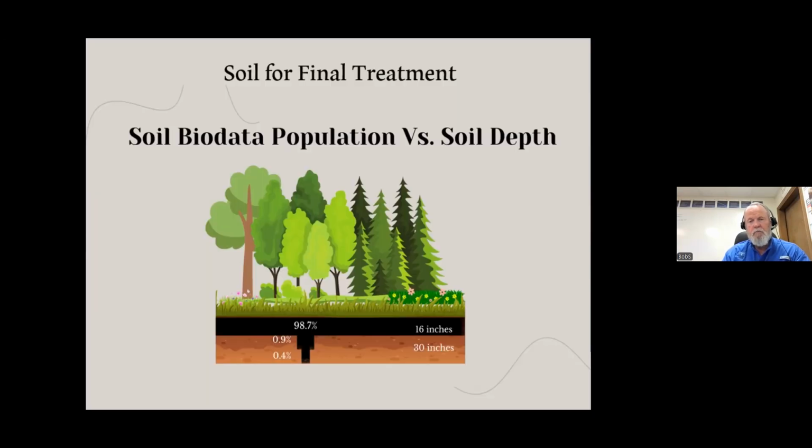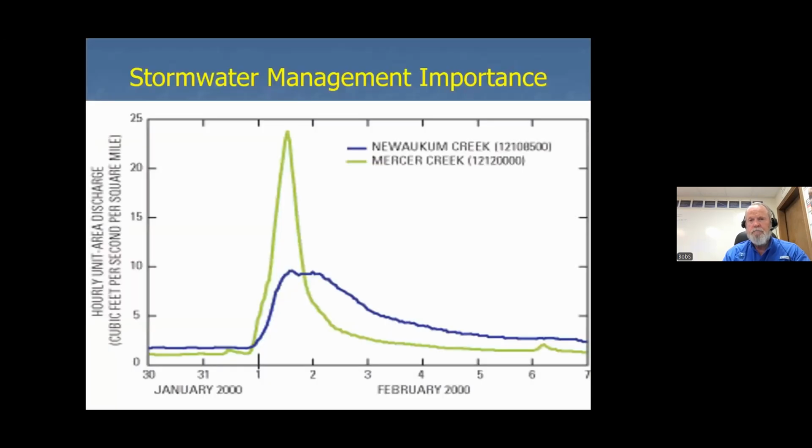So if you bypass that top 16 inches, now you have less biology to actually help you treat that discharged material. And then we're getting into the fact that peak flows are going to be a major factor when you start looking at energy and how that could affect the flow.